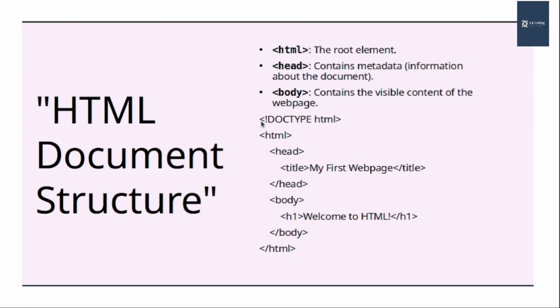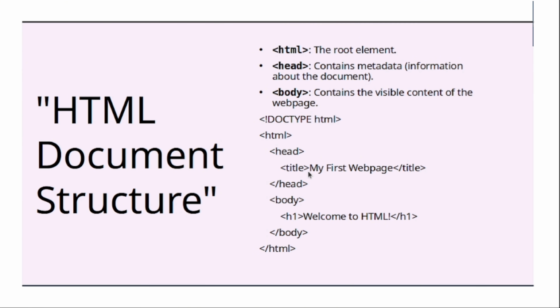As you can see, doctype HTML refers to HTML5. Then we have the opening tag of the first tag, which is called the HTML tag. And we also have the closing tag. The difference between them is that we have a slash before the HTML word. The next one is head, and the next one is title.